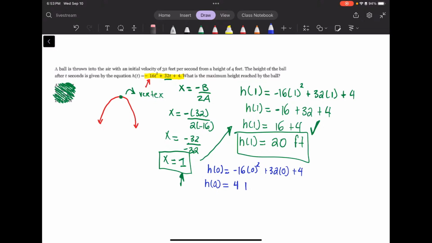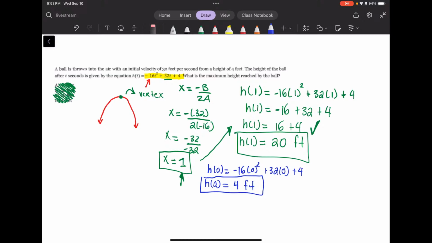Once you substitute, we'll know that h of 0 is going to just be equal to 4 feet. So initially, at the starting point, the ball was 4 feet above the ground. And just to give you a rule of thumb, it's typically just whatever that constant is. Whatever the constant is in the quadratic equation is typically going to represent the initial height.